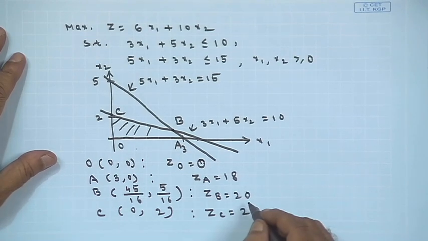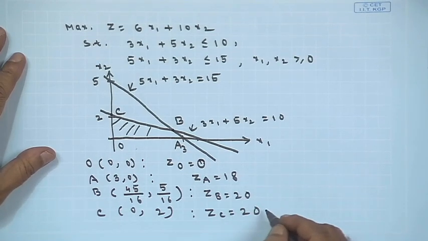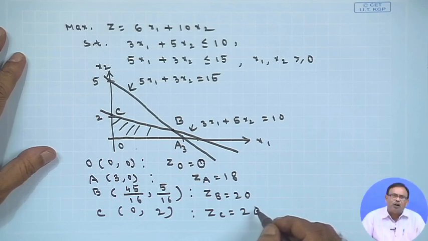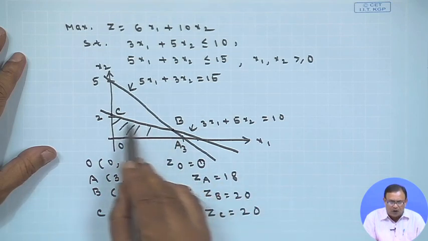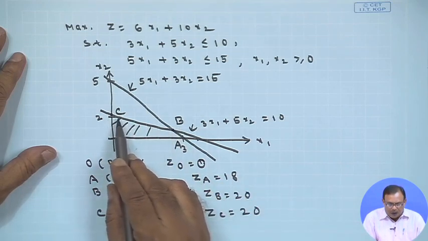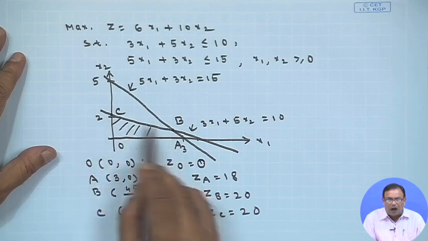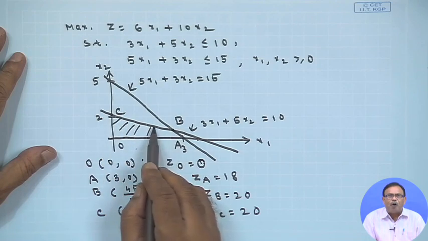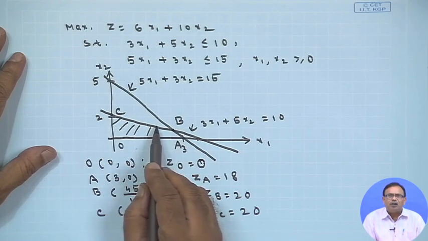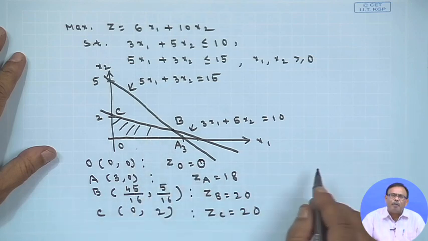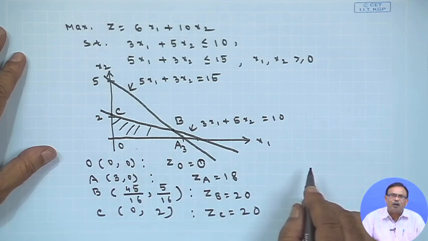So, what happens here? It is not that there is only a unique solution, there may be more than one solution, and since this is a convex set, if you join the line B and C, any point you take on B and C will also give you the maximum value of the objective function.